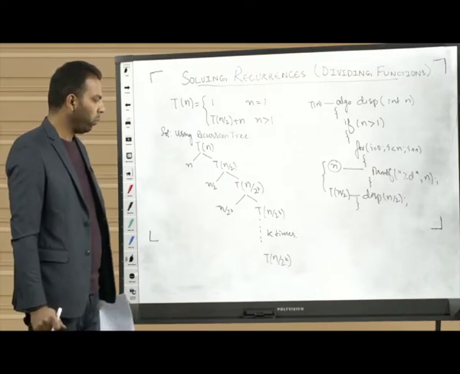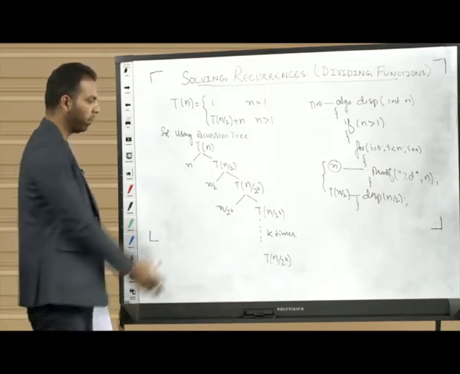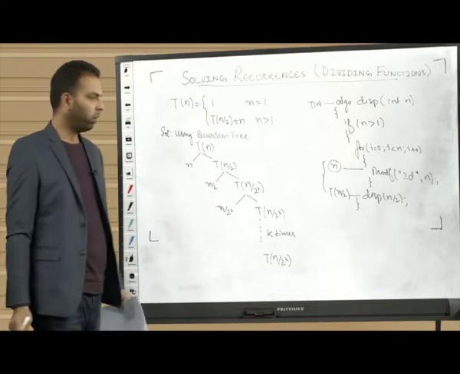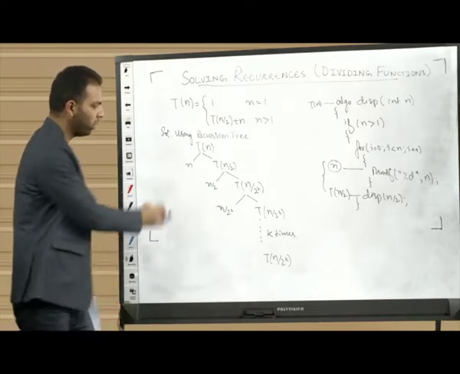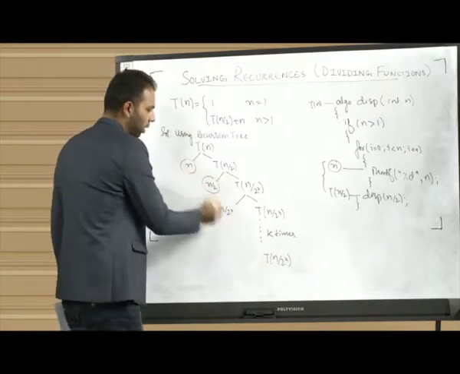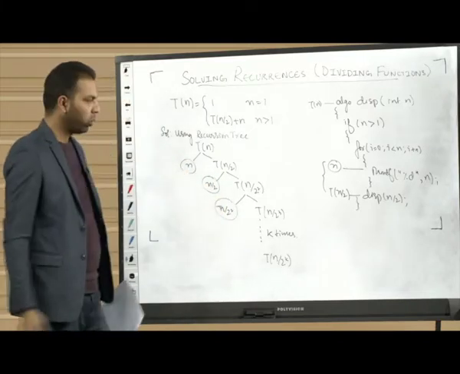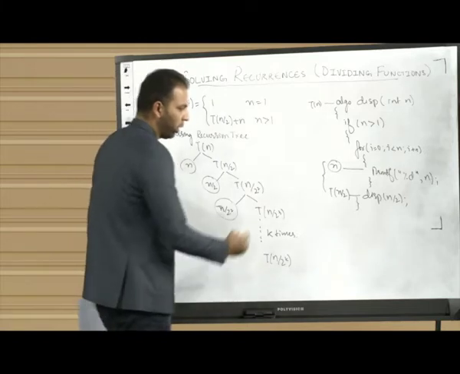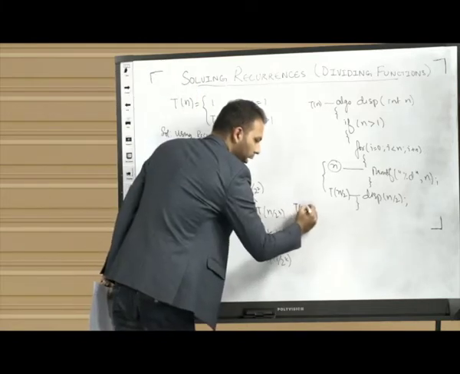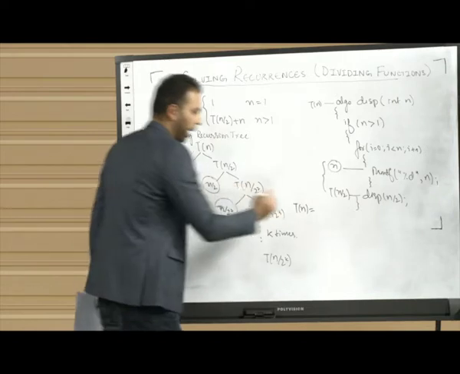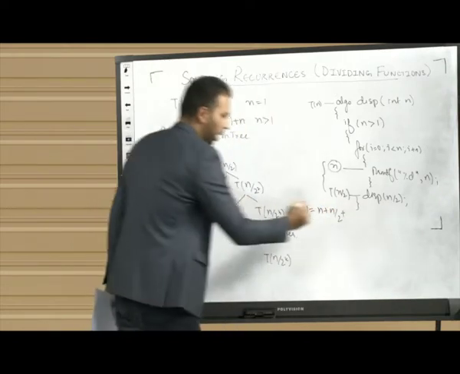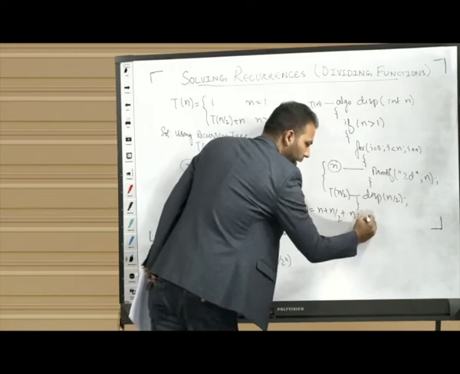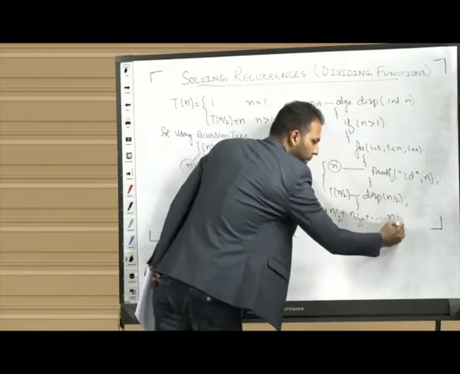Now what we have to do is sum this in order to find the actual running time complexity of this algorithm. We just have to sum these up. If we add these up, T of n will be equal to n plus n by 2 plus n by 2 square plus so on up to n by 2 raised power k.